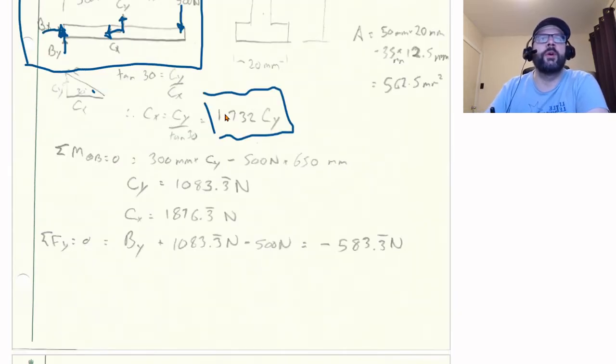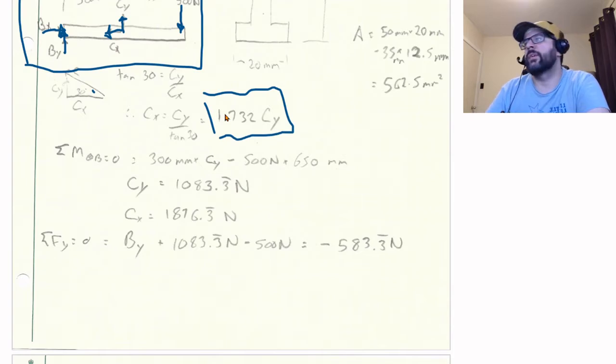So if we take a moment about B, Bx, By, and Cx don't come into play because they all pass through B. So the only forces there that matter at all are going to be Cy and the 500 Newton force. So again, Cy times 300 millimeters minus the 500 newtons times the 650 millimeters between the wall and where the 500 newtons is applied is equal to 0.